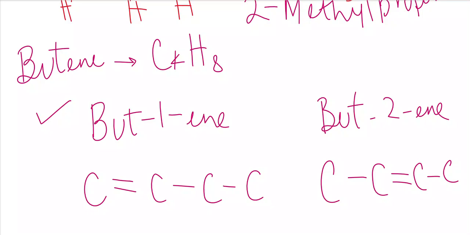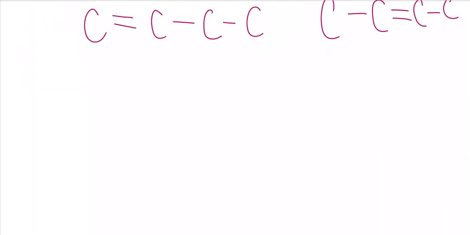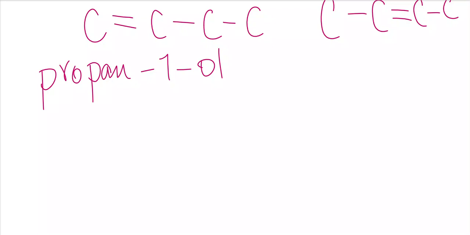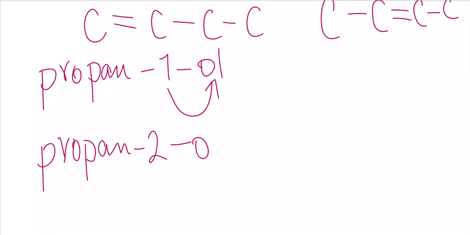In the examples of the alcohols, we have propan-1-ol. 1 represents the position of the functional group. That means in the propanol we have a functional group, which is the hydroxyl group, that is attached to the first carbon, and the second isomer of this is propan-2-ol.